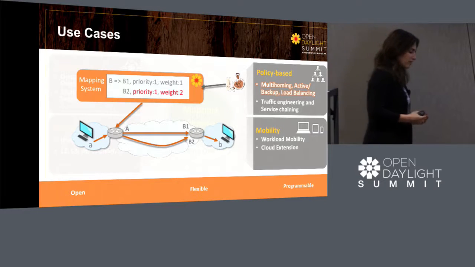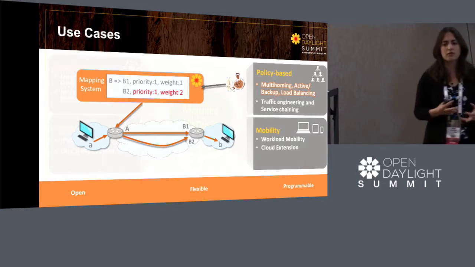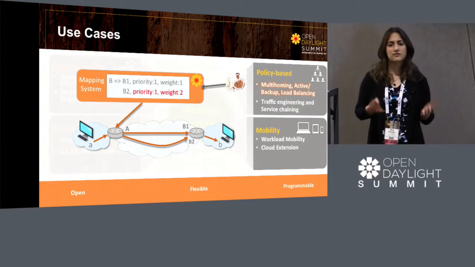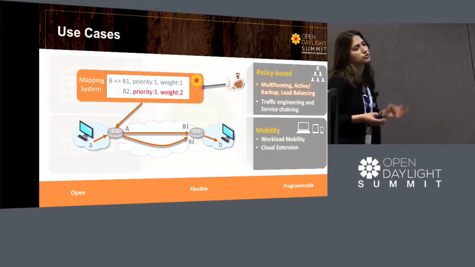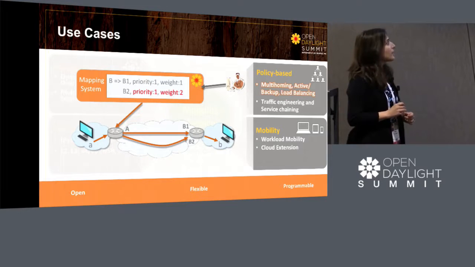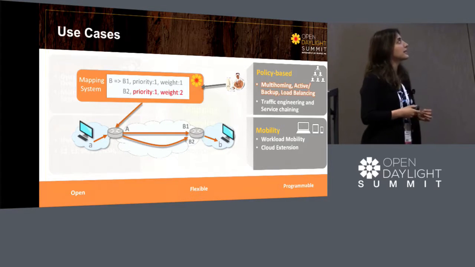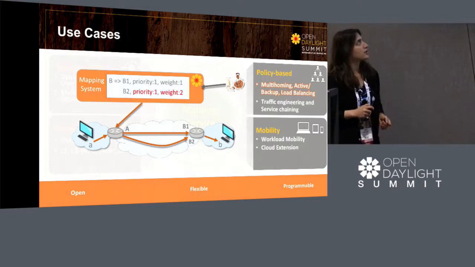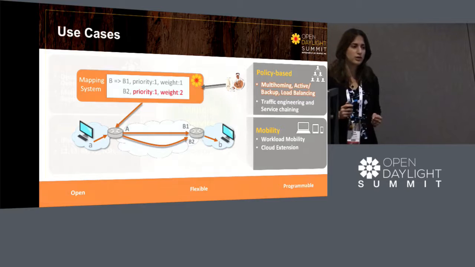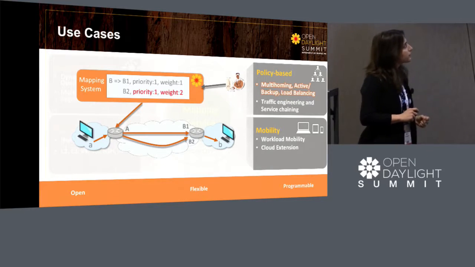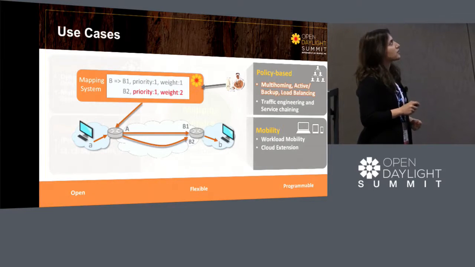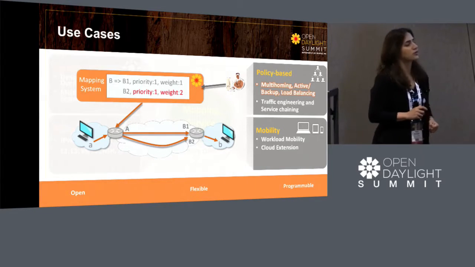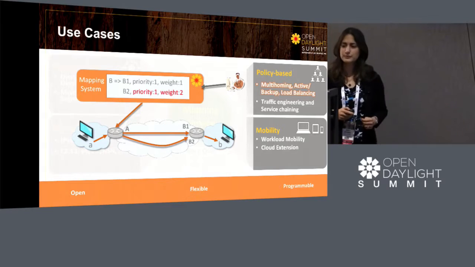And the mapping system kind of natively supports these properties. Priority would define the active backup scenario, so if the priority of the two interfaces are the same, then you're using active-active. And the weight is basically the relative load that will be sent over those. So in this case, basically, you're using an active-active scenario, and one of the paths, B2, is having twice as much load.